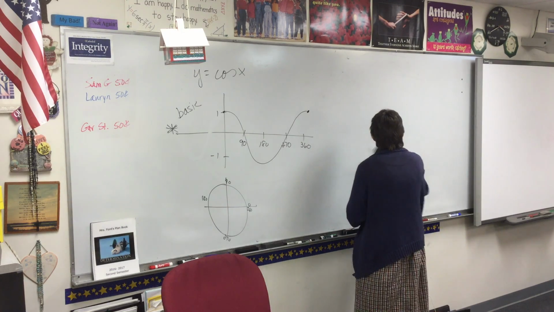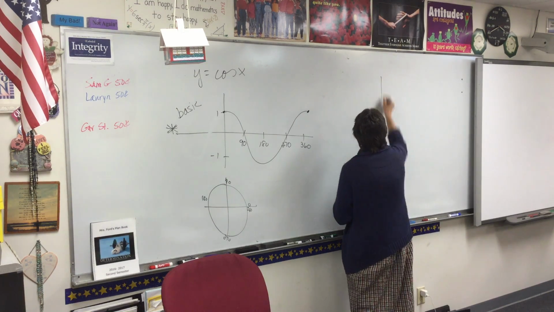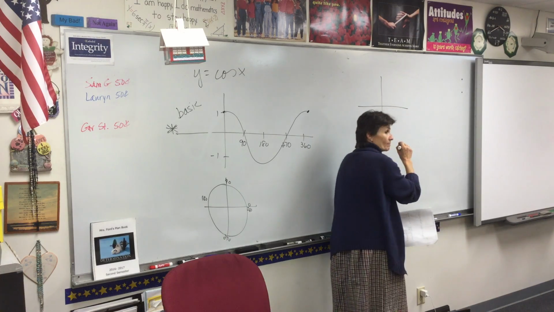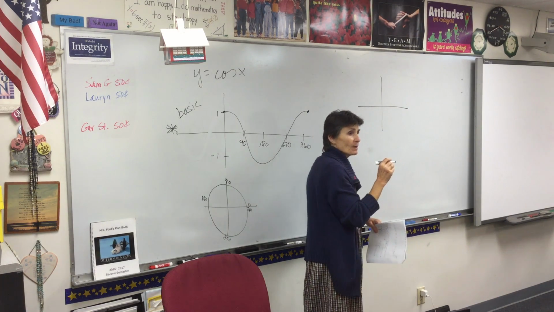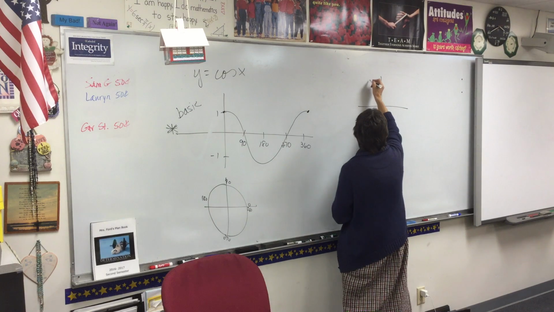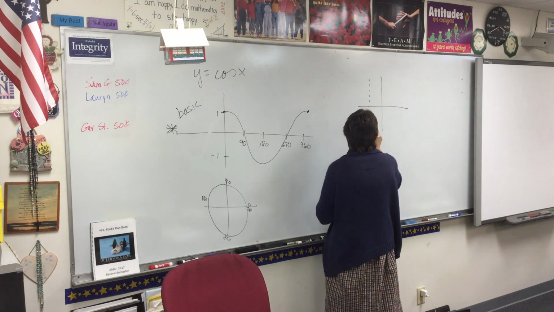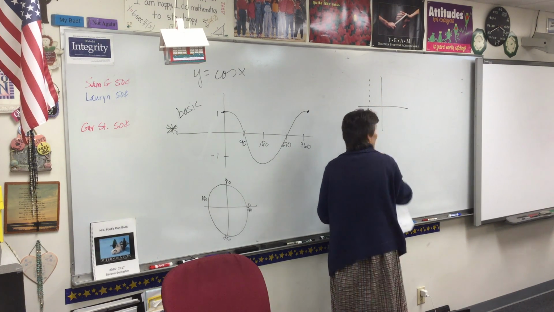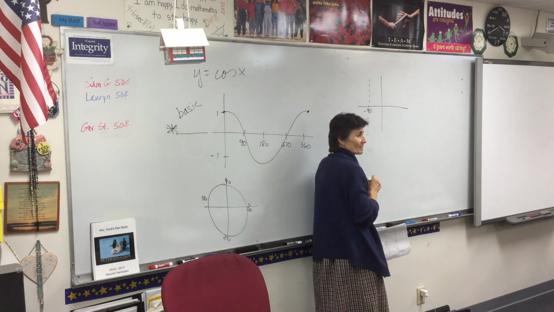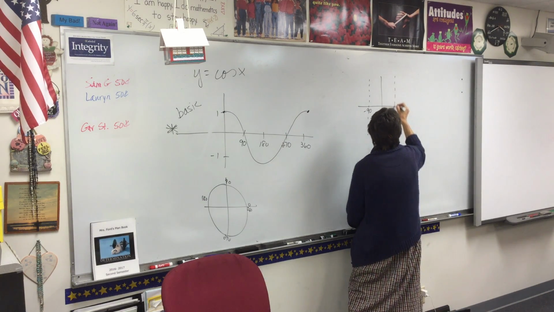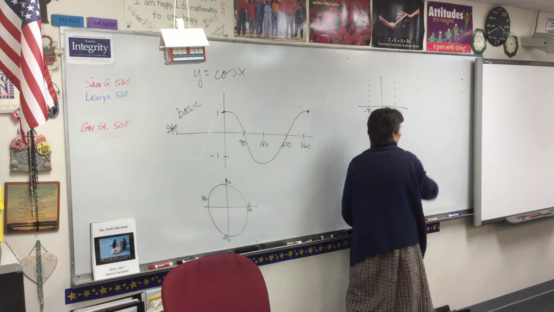The tangent looks completely different, but it looks like one of your BFFs. I want you to put an asymptote here at -90, and another asymptote here at +90.